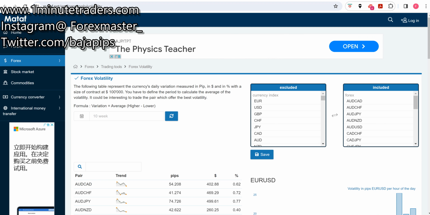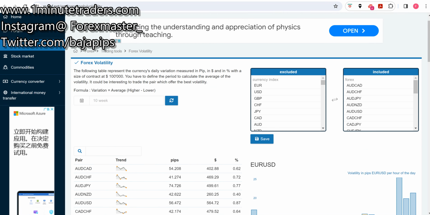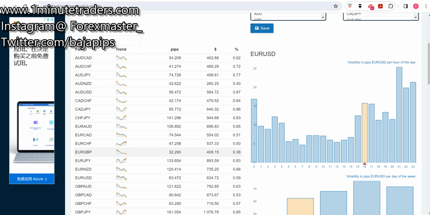Let's scroll down and see what the Euro US dollar has been doing on its average volatility. 63.4 pips, just about. Last week it was about 66 pips, so the volatility went down just a little bit.